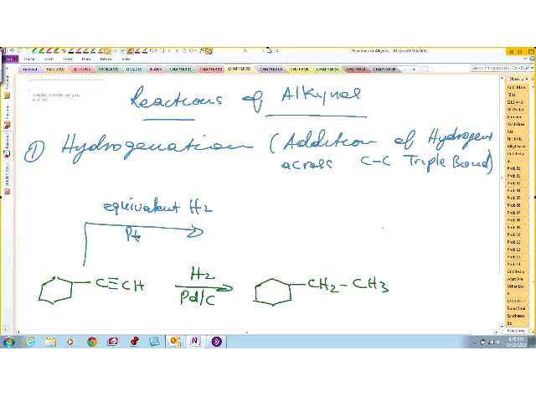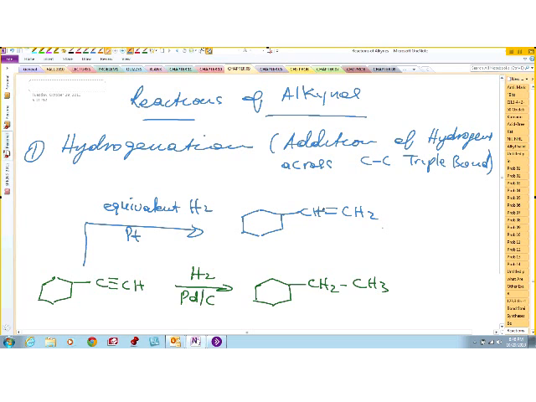What I'm trying to tell you is that only one mole will react to form an alkene. But that is very difficult. But if that is what we wanted to do, we will tell you exactly. But if I do not tell you that, or your book does not tell you that, what you have to assume is that the triple bond is completely gone, the double bond is gone, and you now have sp3 carbons.